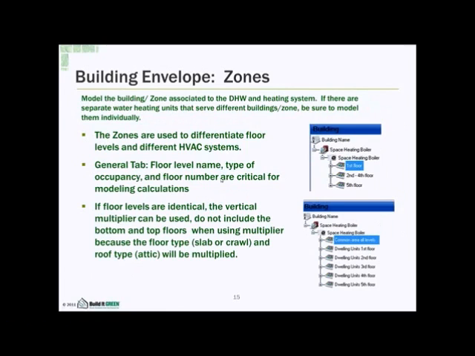Okay, so the building envelope zone. After you have built out your domestic hot water and your space heating equipment, you're going to define what zones the HVAC system and the domestic hot water system are serving. With my building example, I only have 1 domestic hot water system and 1 HVAC system.